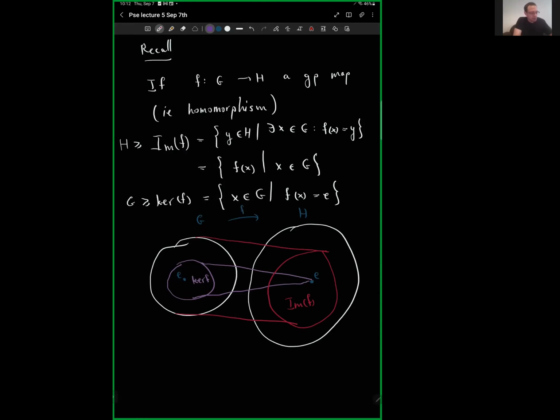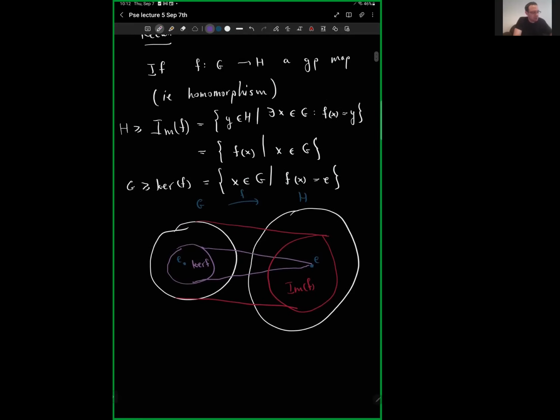And notice F is surjective if and only if the image of F is the whole group H. This is actually true for any function.